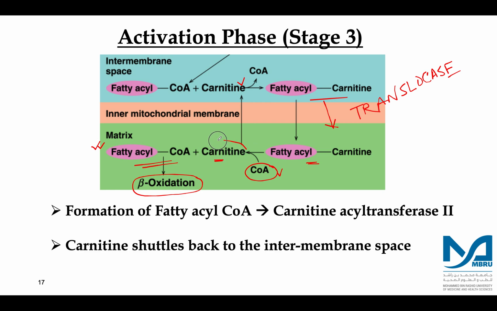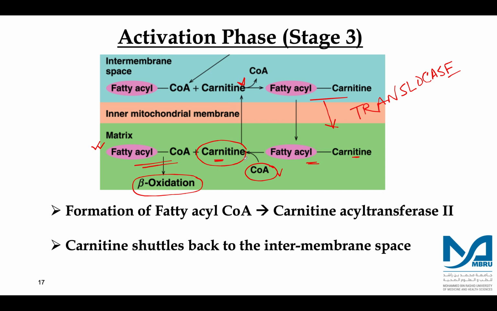The carnitine that is released in the process goes back to the intermembrane space, where it helps in the transport of other fatty acyl coenzyme A that is coming from the cytosol through the outer membrane. So this carnitine is coming here, and after coming here through the exchange reaction it is released, and once it is released it goes back into the intermembrane space.